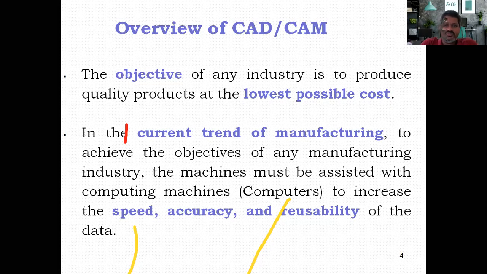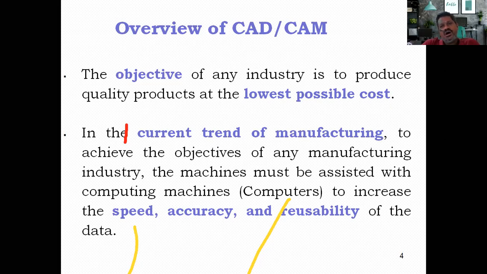As much as possible, we need to reduce the cost. The challenge of any industry is to reduce the cost of the product, then only can they sustain in the market. The quality and the cost must be proportional to each other.